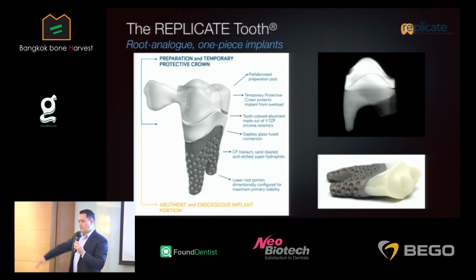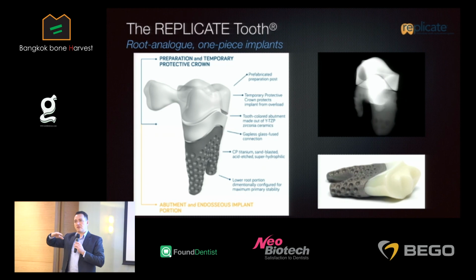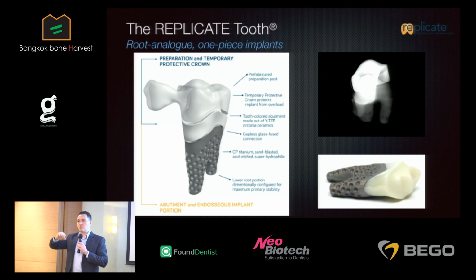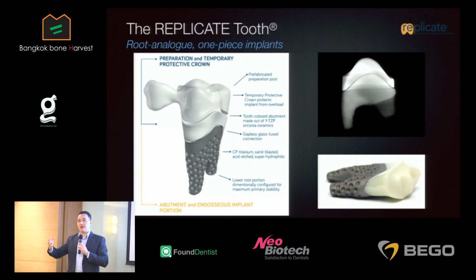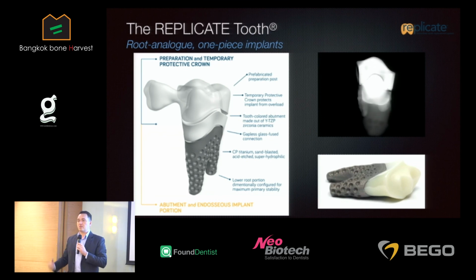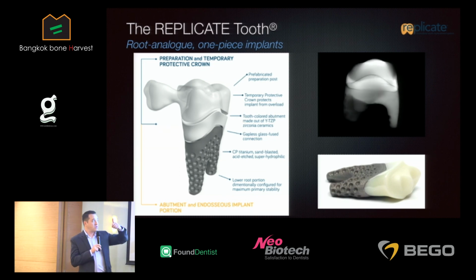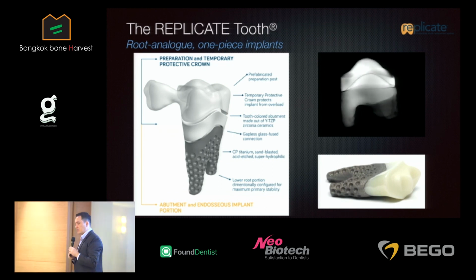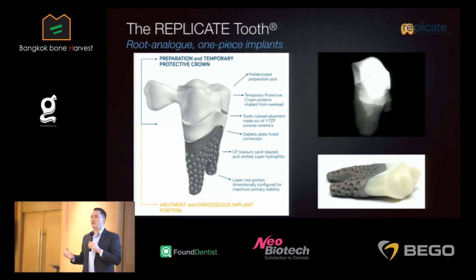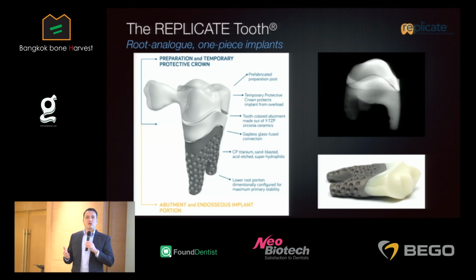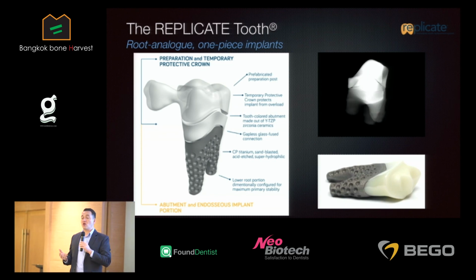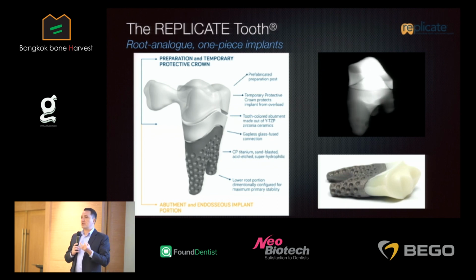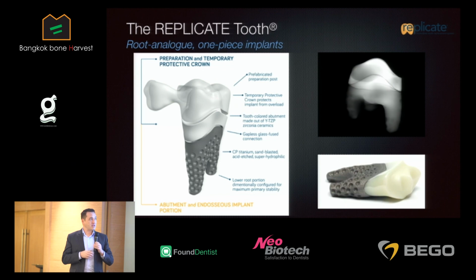On top of it resides, at least for the time of osseointegration, the protective crown, which is also provided in the same treatment package, and which is, first of all, out of occlusion, and also not in connection with the implant itself, because we want to avoid all the negative factors that immediate loading brings along. So in this case, we have an aesthetic function, we have a masticatory function, but we don't load the implant itself.